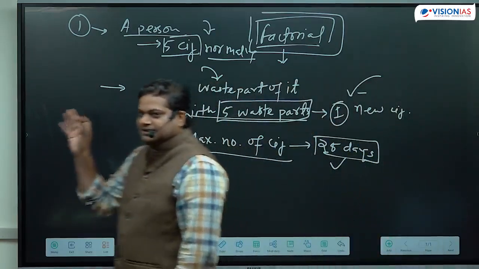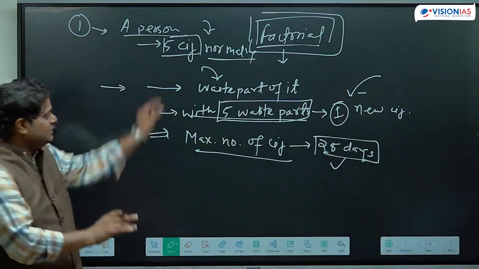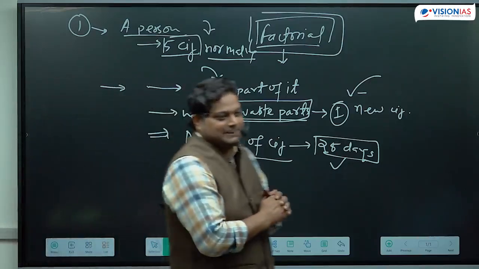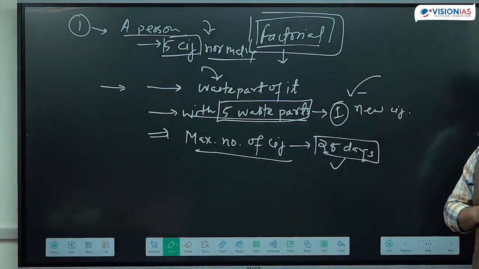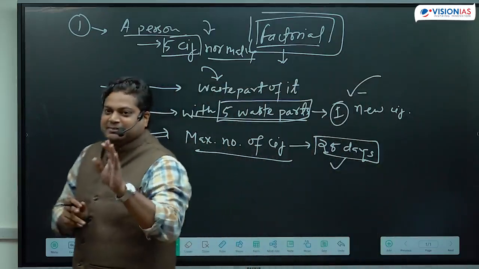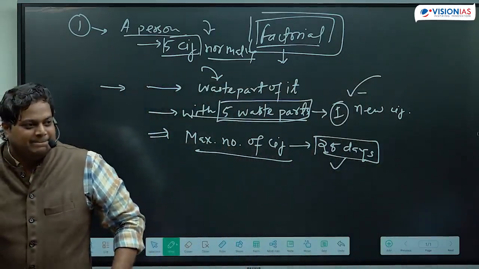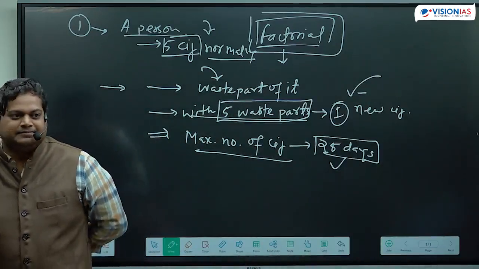So this person is saving some waste part of it. एक सिगरेट पिया उसने, कुछ waste part बचा के बेड के नीचे फेंक दिया कि रात में क्या करेंगे. So what can be the answer for this? 150? 146?